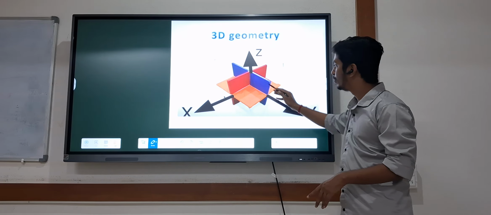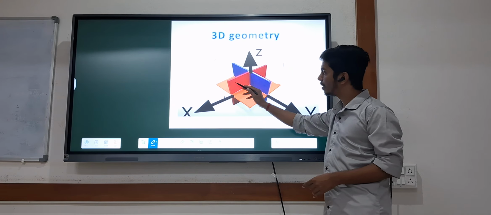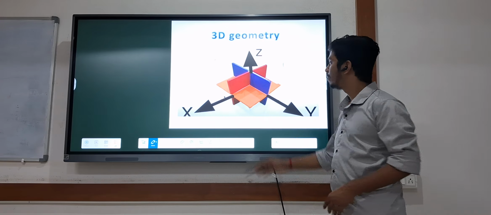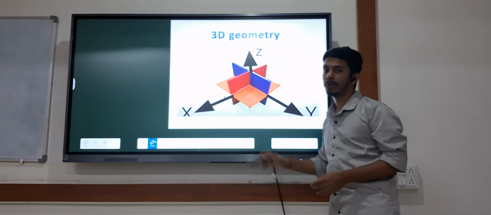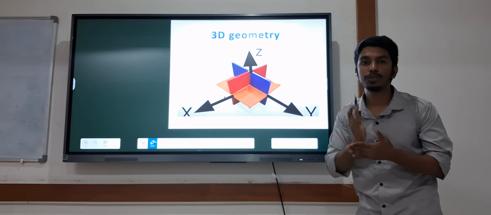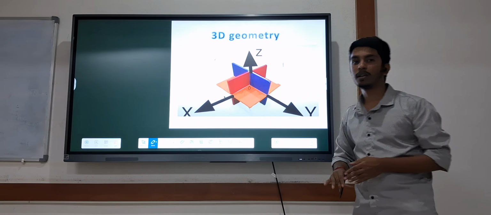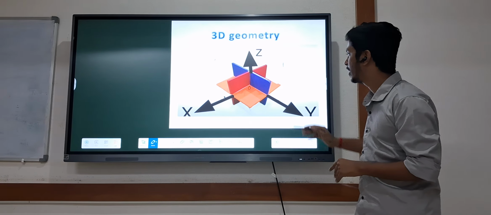Here this is the blue plane, the entire blue plane, and another one is the red plane. And one more is the brown plane. These three planes intersect at point O and are mutually perpendicular to each other.